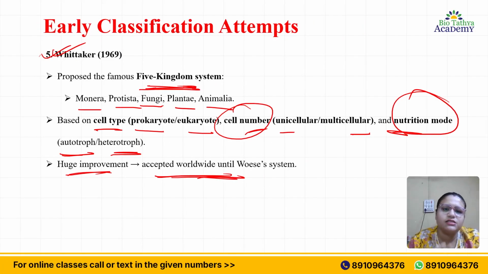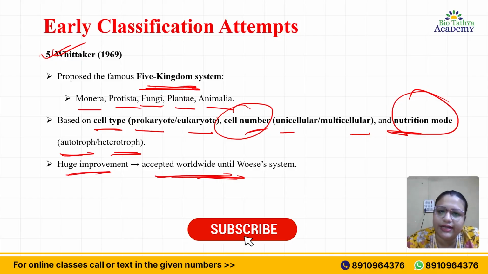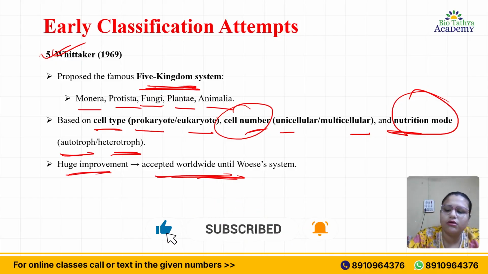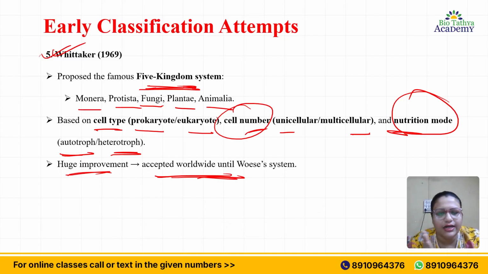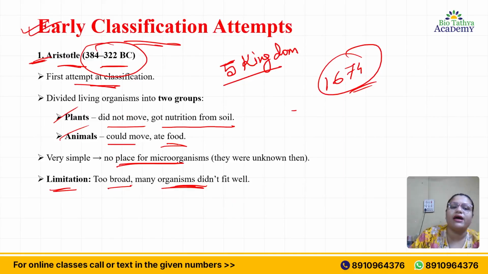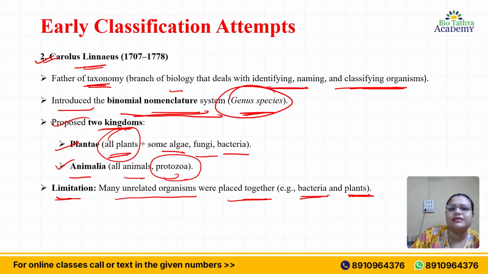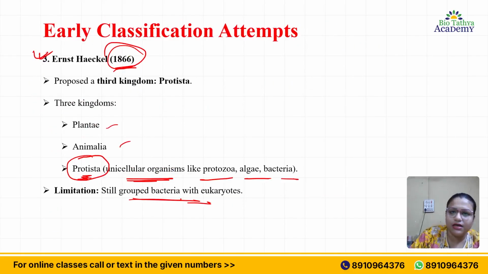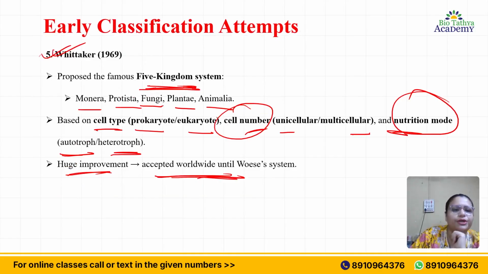So basically these were the early classification attempts. Till now I think you understood how the early classification attempts reached Whittaker, starting from Aristotle, then Carolus Linnaeus, then Ernst Haeckel, then Copeland, and finally Whittaker.